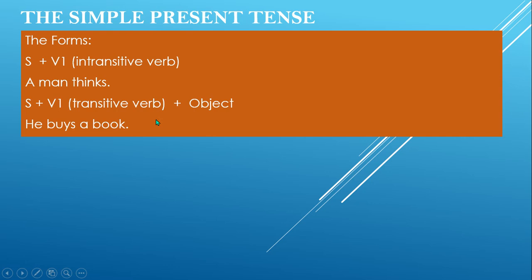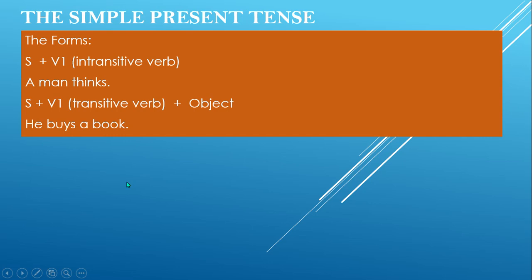The second verb is a transitive verb. A transitive verb is a verb that requires or needs an object. So the verb buy is a transitive verb that needs an object, which is a book.